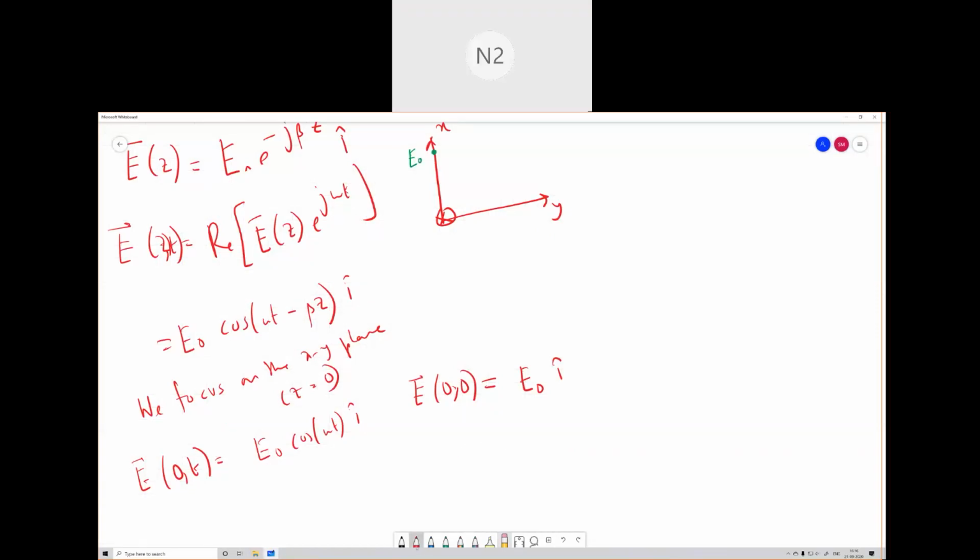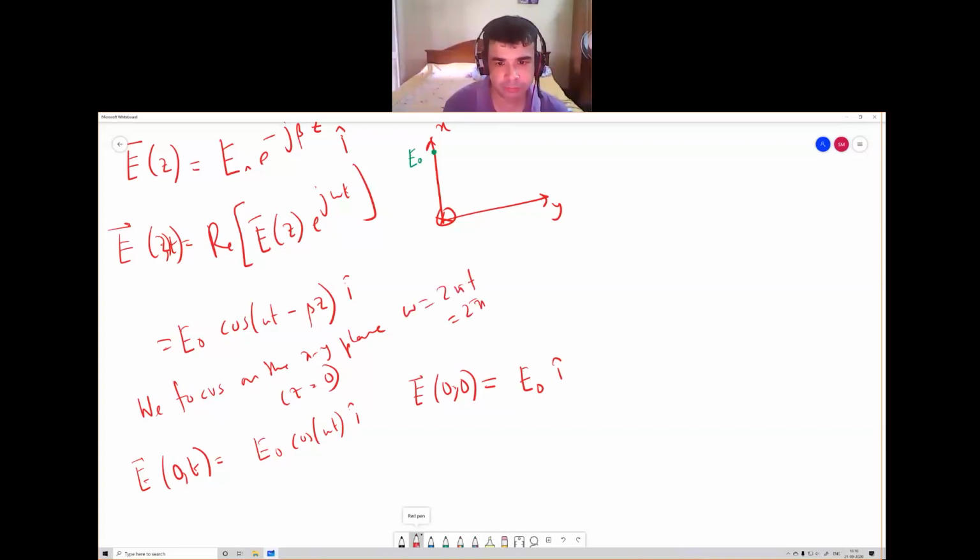Omega is equal to 2 pi f, that is 2 pi by t naught, where t naught is 1 by f.